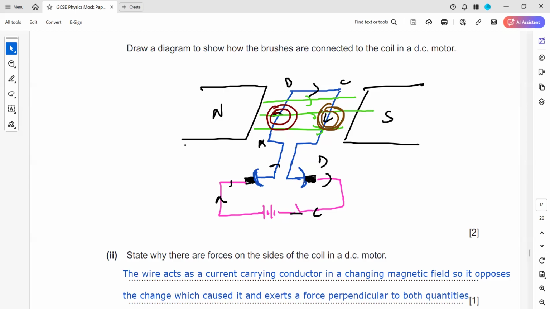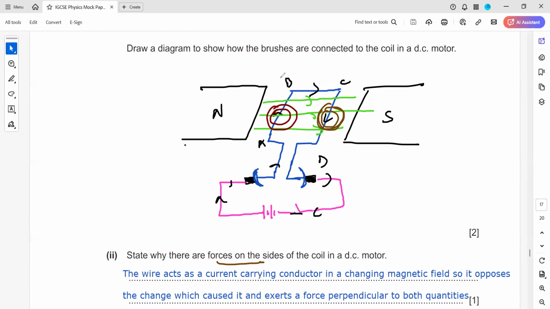So the answer here: the wire acts as a current carrying conductor. No need to mention change in magnetic field. Just this is fine, but here is a more structured answer. The question is why there is a force on the sides AB or DC. For AB, if you work out the force, you have to use Fleming's left hand rule.